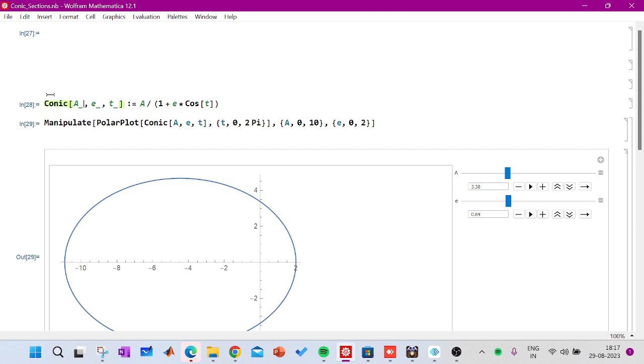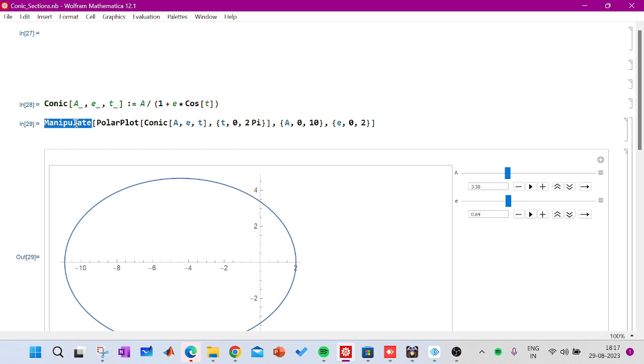I defined conic of three, which is a function of three variables, a, e, and t. A is your amplitude or alpha in the equation. E is the eccentricity or epsilon, and t is your basic angle theta, right? And the equation is a over 1 plus epsilon times cos theta.